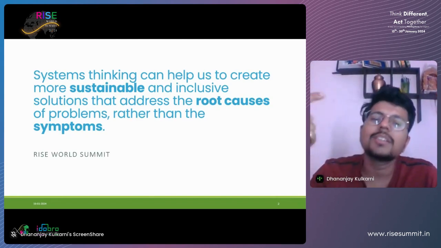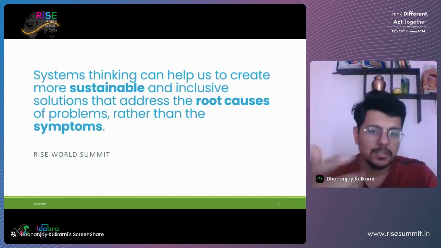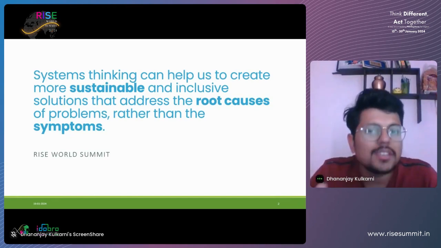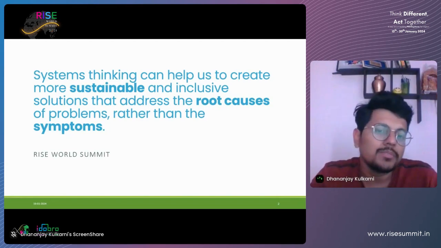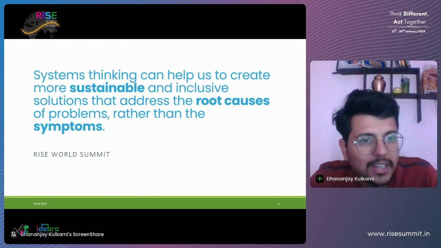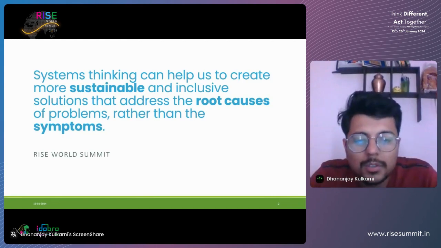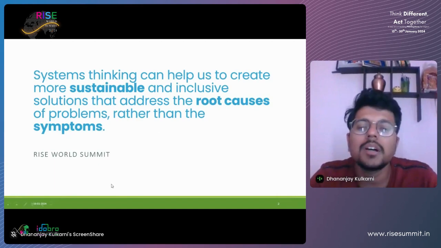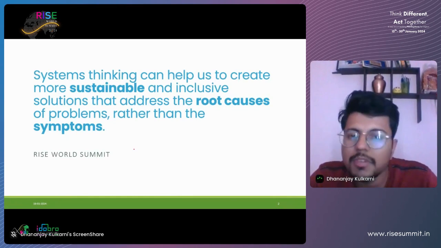So it's very important that if we want to understand sustainability, what is sustainable and what is not, we need to understand the problems at root cause, what exactly is causing these problems, and not only just symptoms. That is very important when we talk about systems thinking and sustainability.